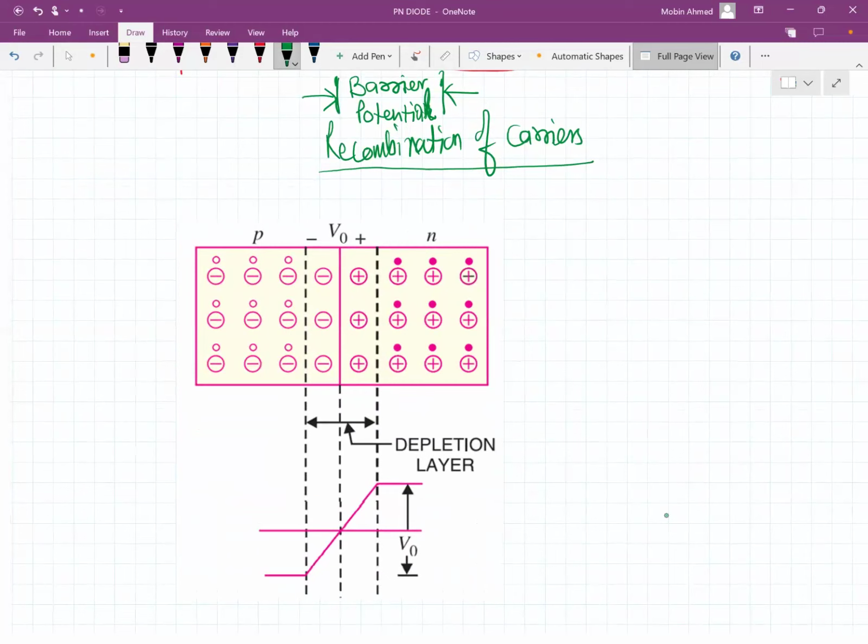This is the pentavalent atom. When the electron has moved, it is going to diffuse, so only the positive ion and negative ion is going to remain. So it is going to develop a depletion layer. So voltage is going to develop across this, and this voltage is known as a barrier potential.